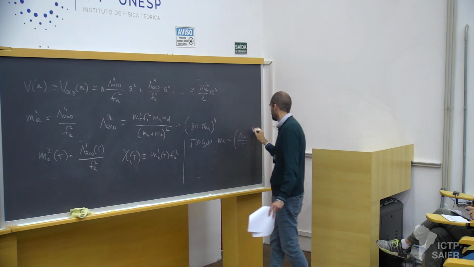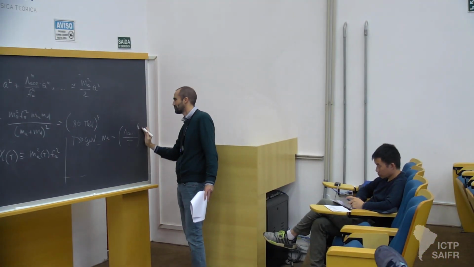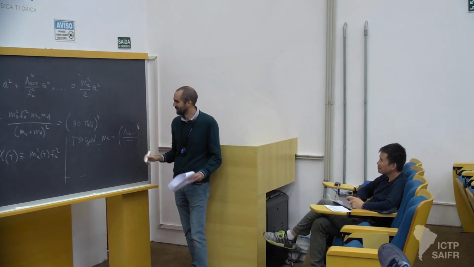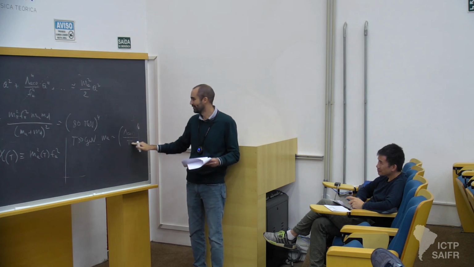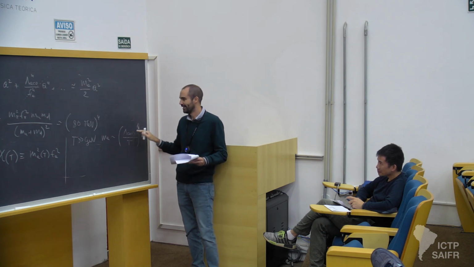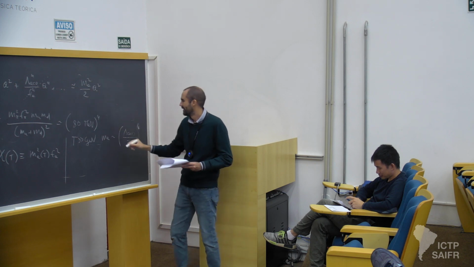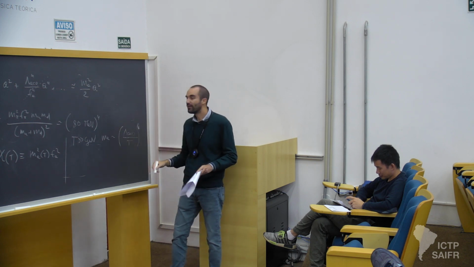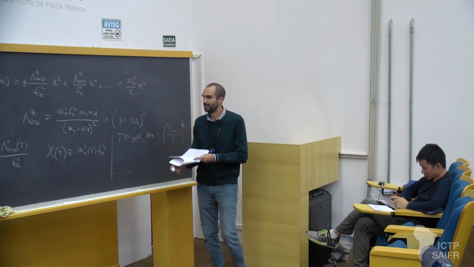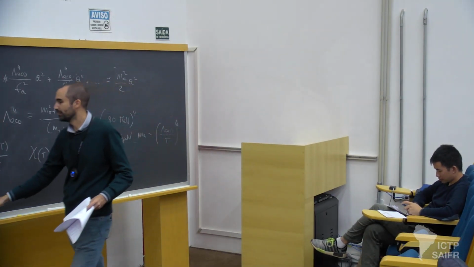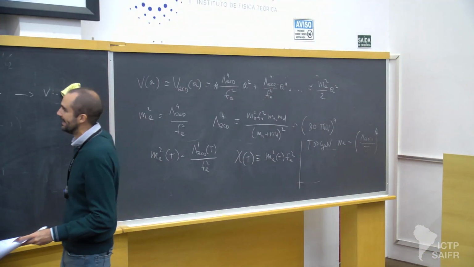So it's just lambda QCD over temperature to the 4th. So the mass essentially is turning on very rapidly, like 1 over T to the 4th, as the universe cools down. So the picture compared to our free scalar is slightly different.